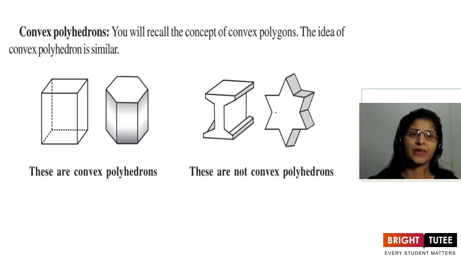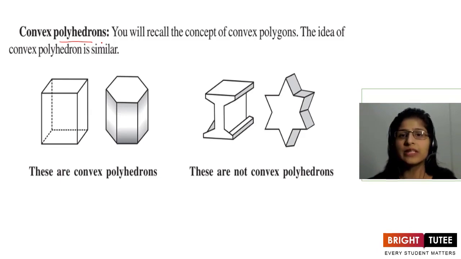Now here, we have certain types of polyhedrons, and we are going to discuss two in your grade. The first is the convex polyhedron. If you remember, we have done the convex polygon, in which all the interior angle measurements are less than 180 degrees. Here also the same definition is applied.